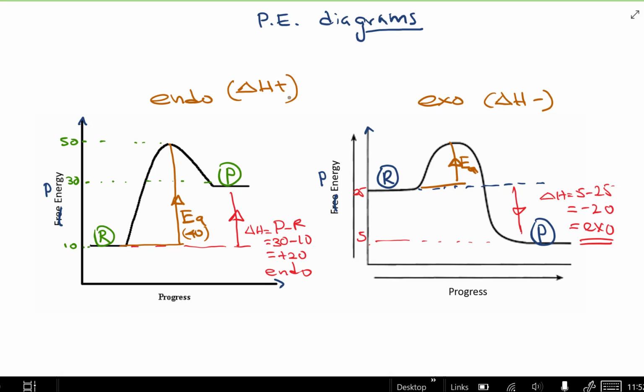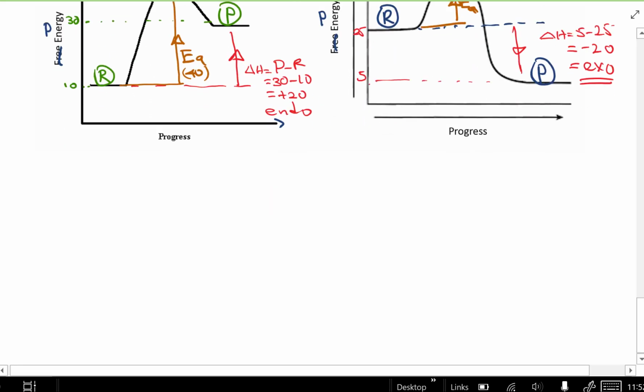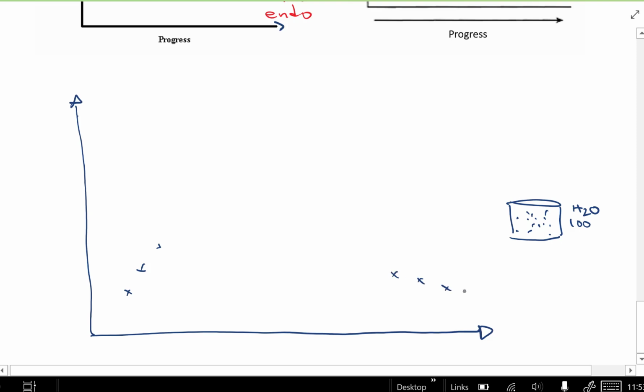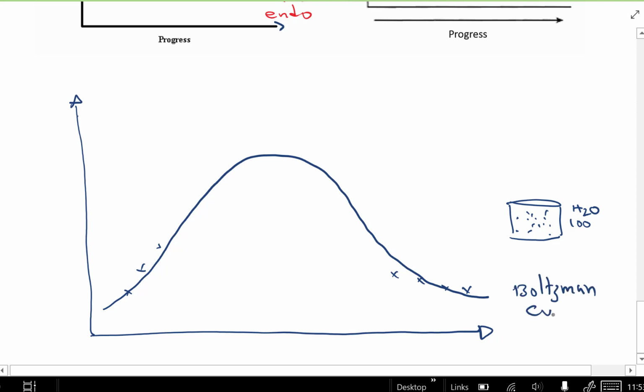So makes sense? Now, these 2 kinds we want to know, and later I will put the catalyst into those graphs. Now, I took another one. Look at the beaker of glass with some water. Some of the water molecules have a lot of energy, and some of the water molecules have less energy. This type of distribution is called the Boltzmann curve.